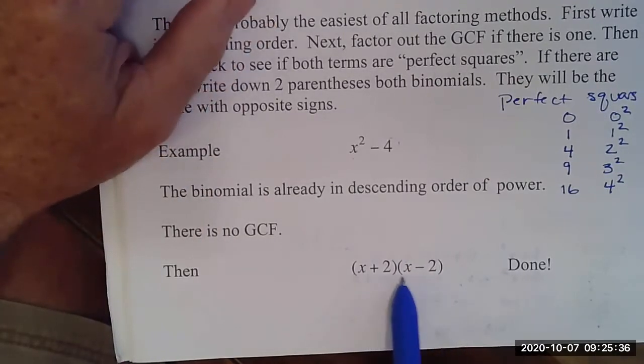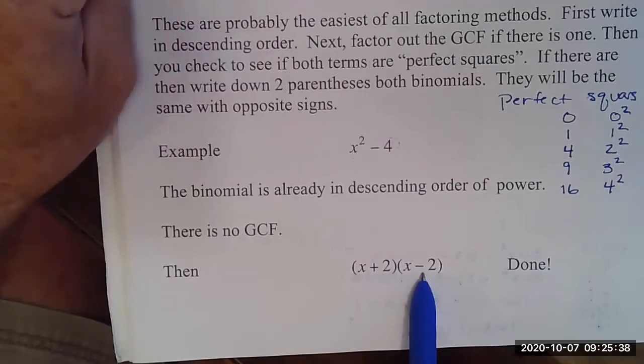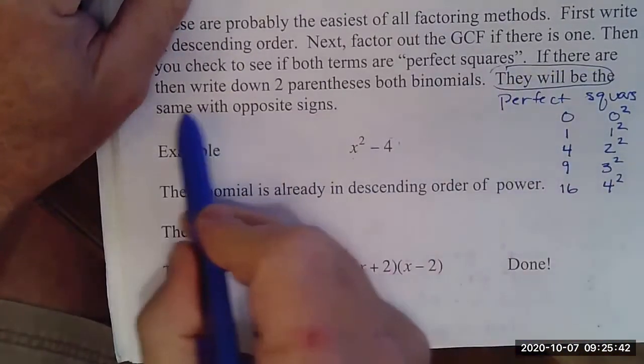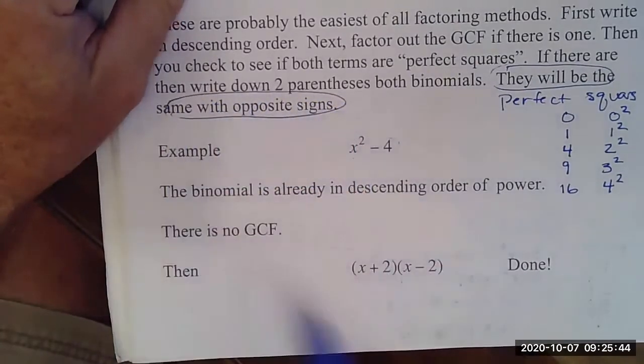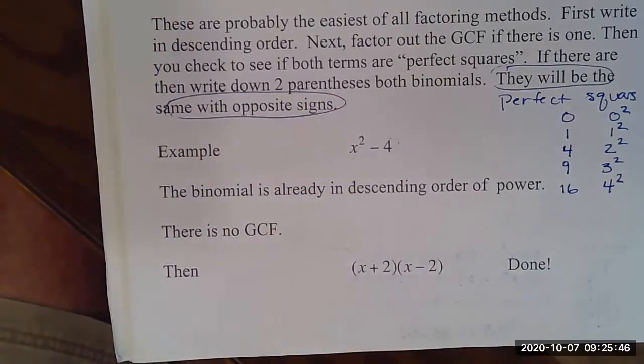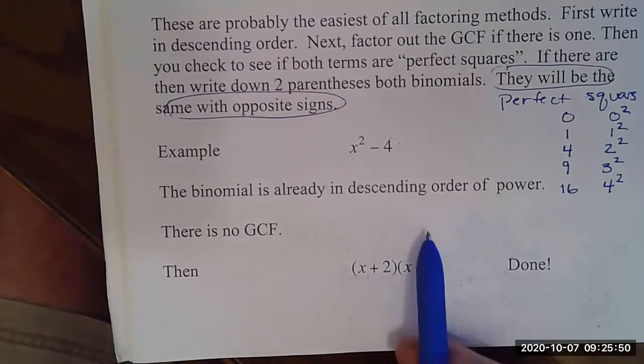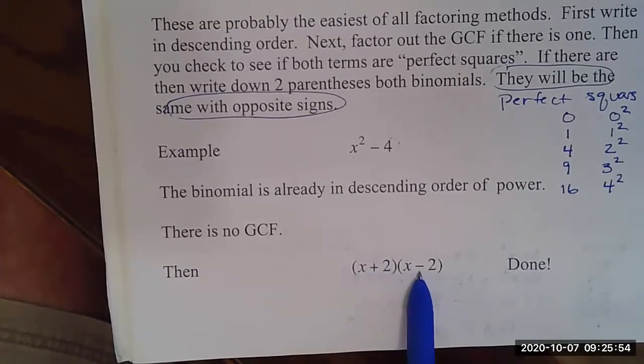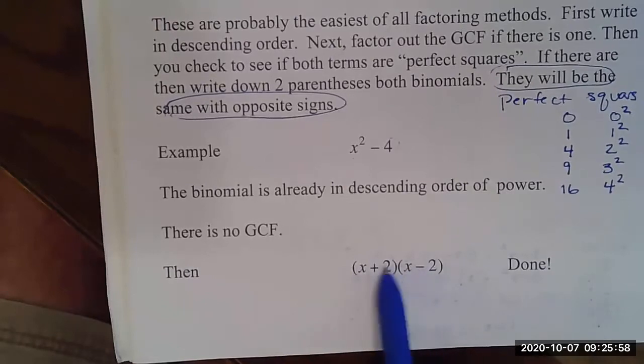They look identical, but opposite signs. They will be the same, and the opposite signs would be the middle piece, not both of them. See, x plus 2 won't be negative x and a negative 2. It's the opposite signs that are what's inside here, but you're done.